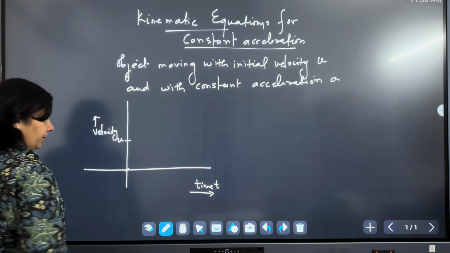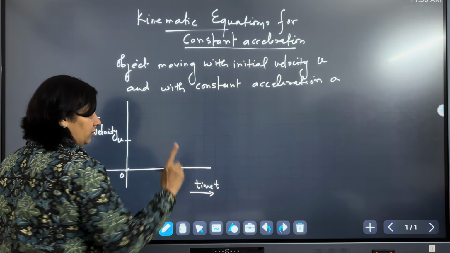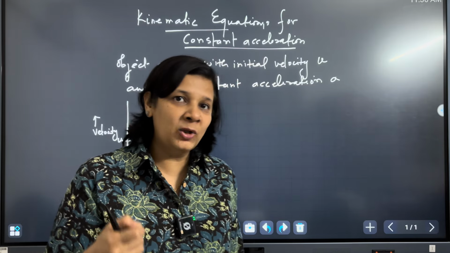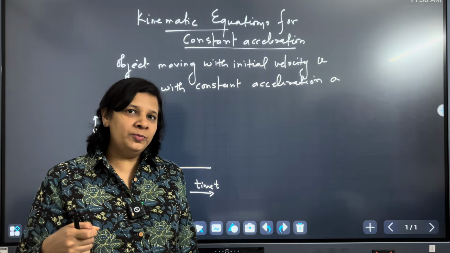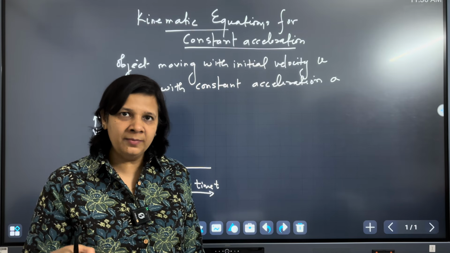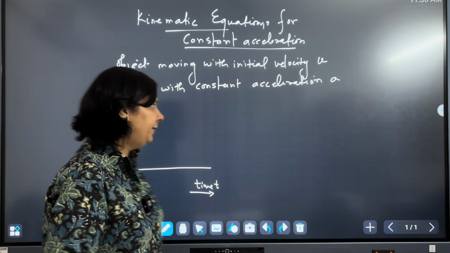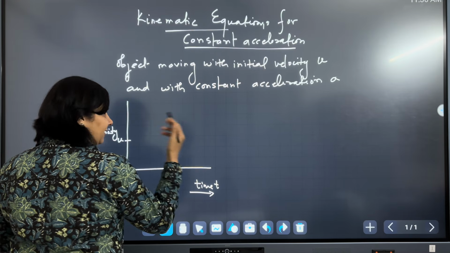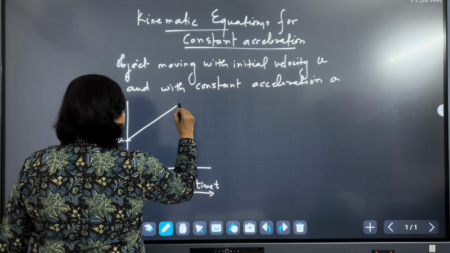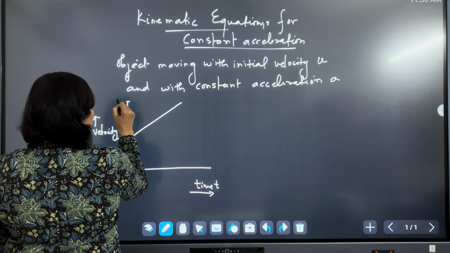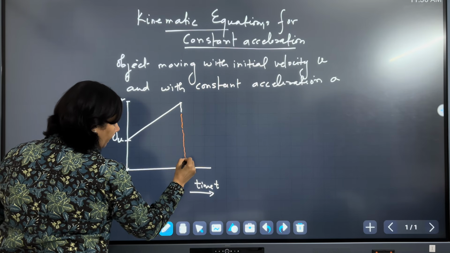So this is u at time t is equal to 0, and then it is moving with a constant acceleration. The slope of velocity time graph gives you acceleration. If the object is moving with a constant acceleration, the slope of velocity time graph should be constant, right? And we know that slope of a straight line is constant. So the graph will look like this, and in how much time?